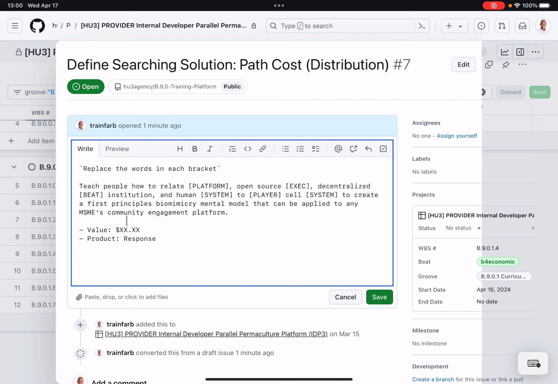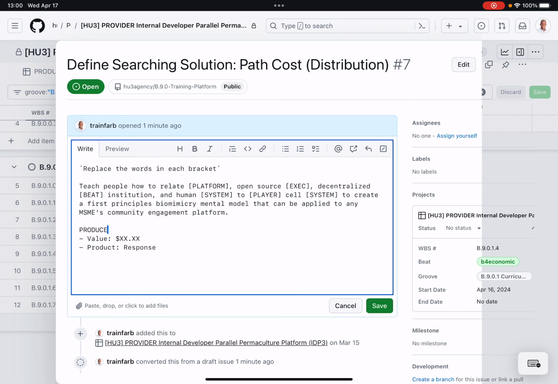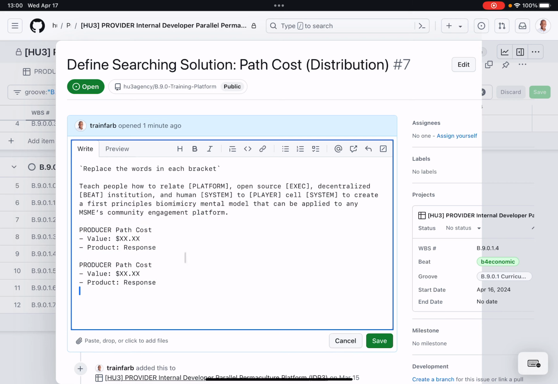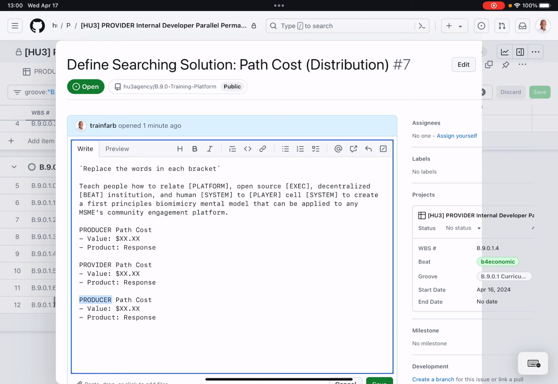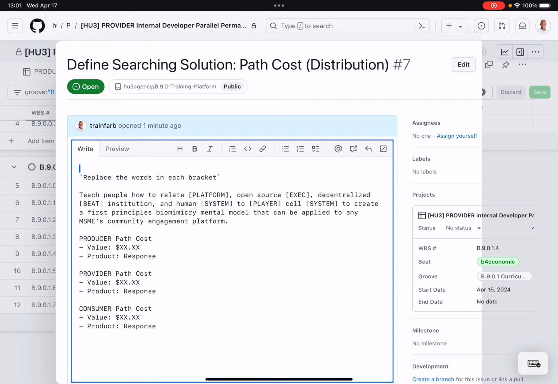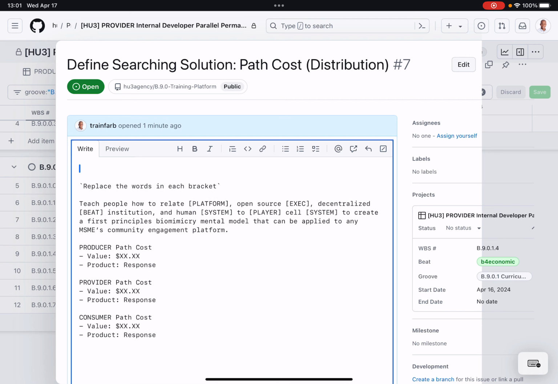Okay, so let's just say this is producer. And then a consumer path cost. So let's start with just what is solution searching path cost.